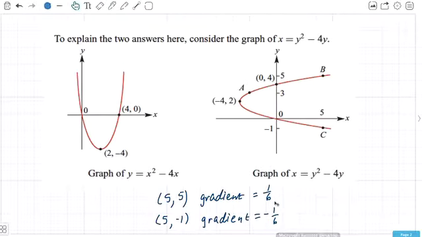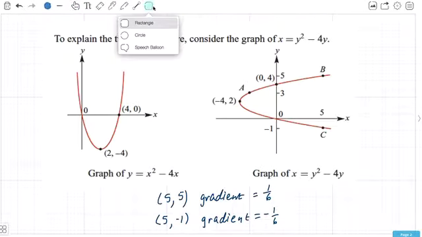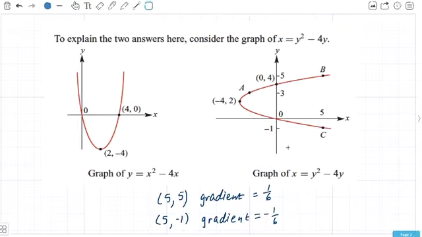The graph x equals y squared minus 4y is the graph we were just looking at, the graph we just worked on. At the point x equals 5, you've actually got two points, point B and point C. And at those two points, the graph is doing two different things.